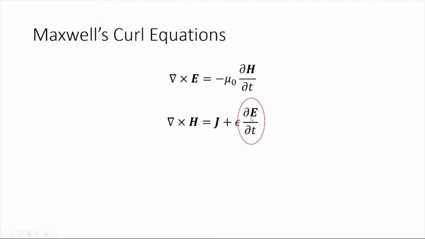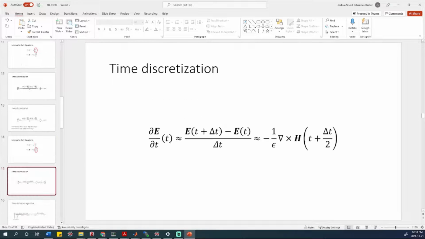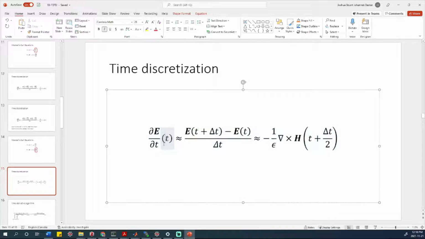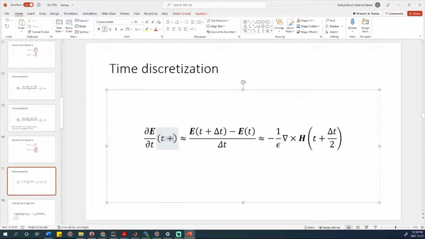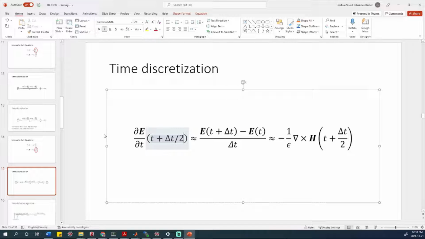So now let's look at this derivative with respect to E. So again, we need to know E at whole time steps. So now we're going to take our derivative. So this is actually wrong. I made a mistake here. So let's fix this quickly. It should be at t plus delta t divided by 2. There we go.